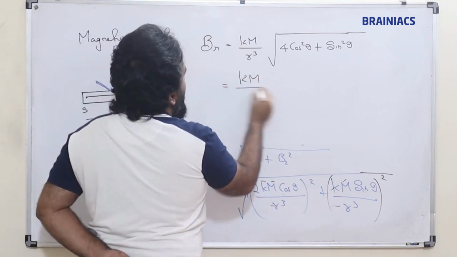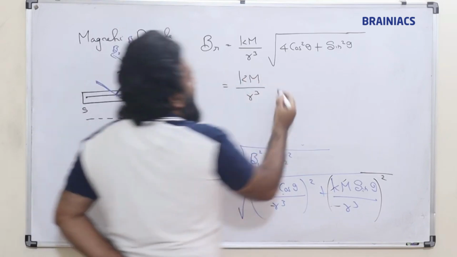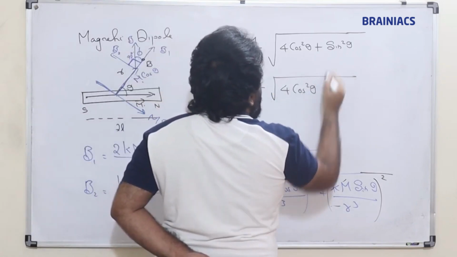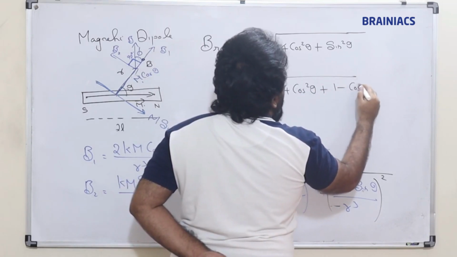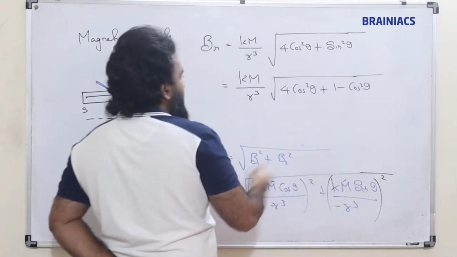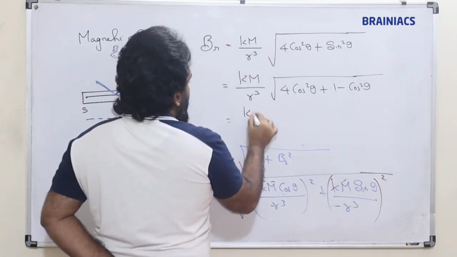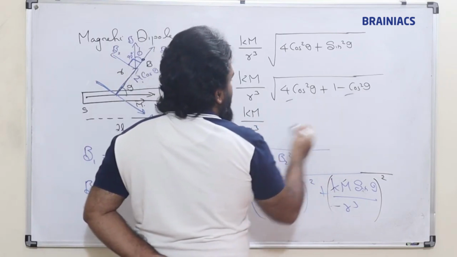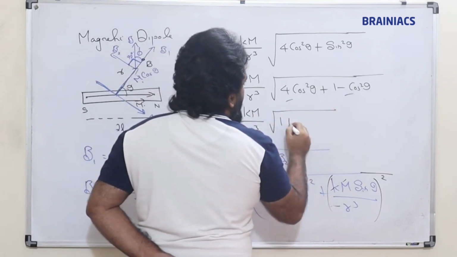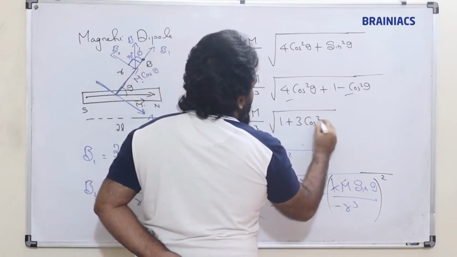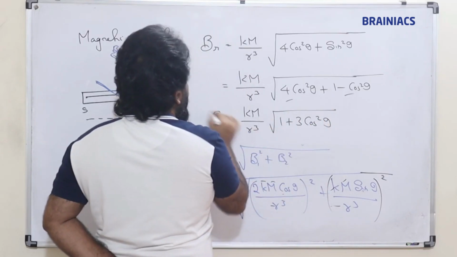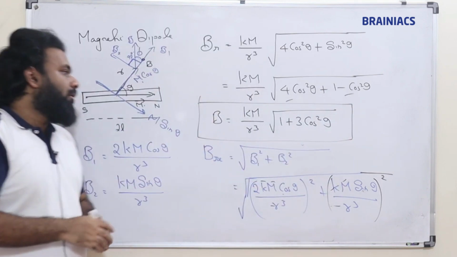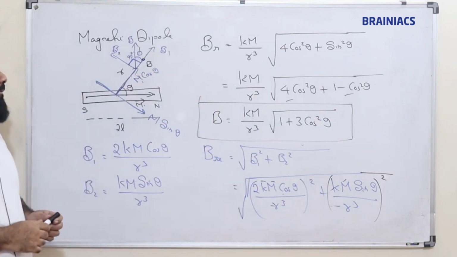This sin square theta can be written as 1 minus cos square theta. So km by R cube, and if we solve this, it will become 1 plus 3 cos square theta. So this is going to be the resultant value. Clear? Note it down.